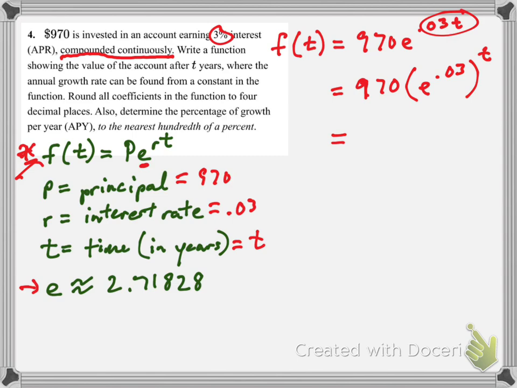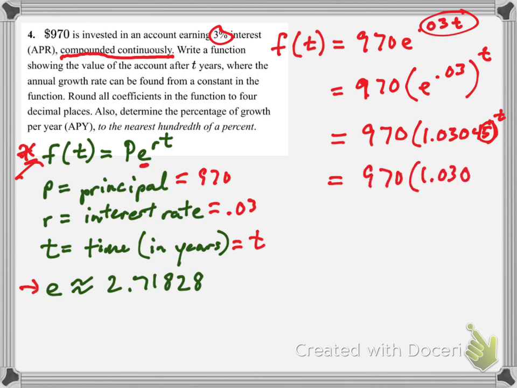So this is 970 times 1.03045 to the t power. Well, 5 rounds 4 up to 5. So 970 times 1.0305 to the t power. There's my function.